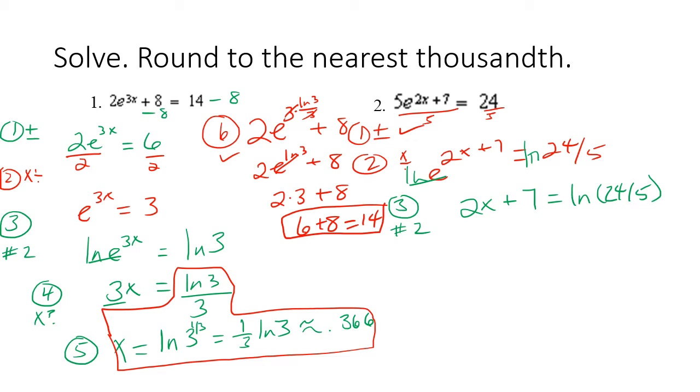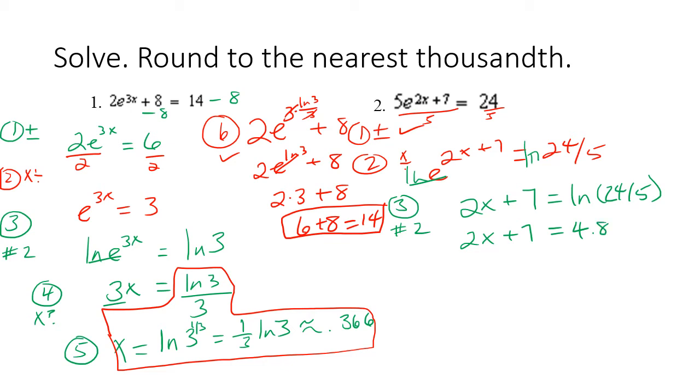After that, if you would like to write this as 4 and 8/10, you can. So I have 2x plus 7 equals 4 and 8/10.